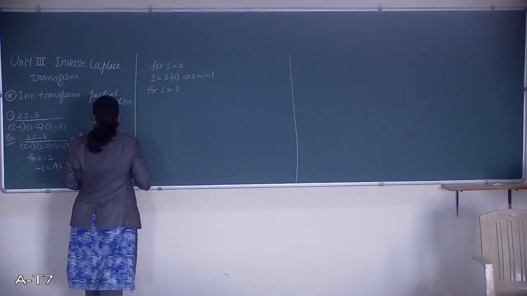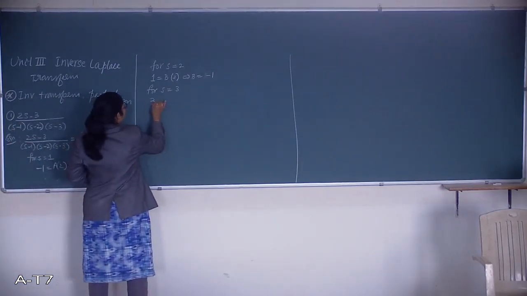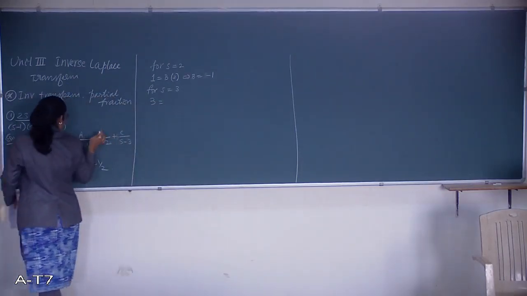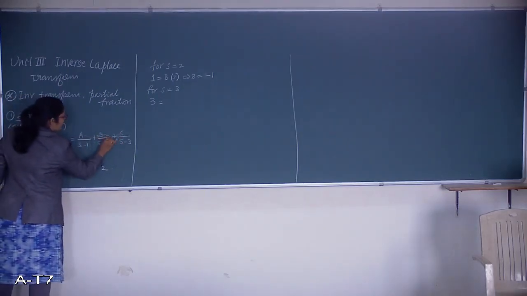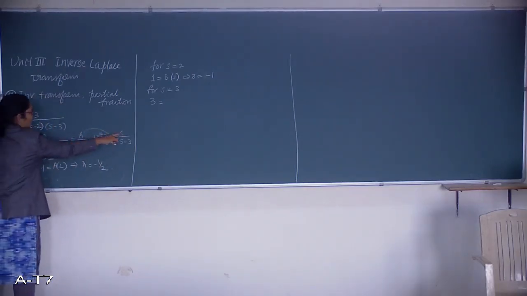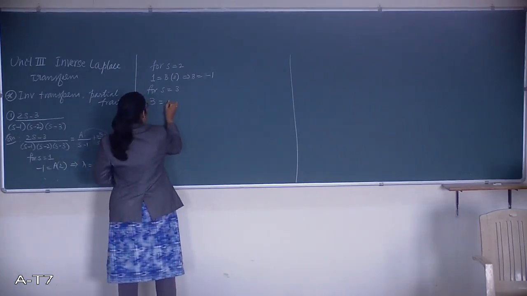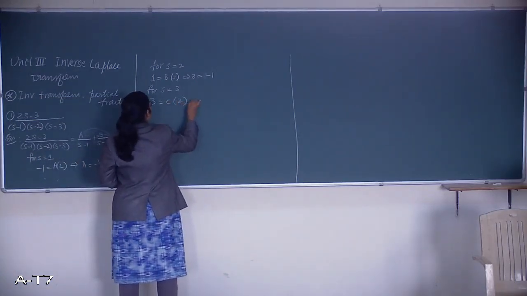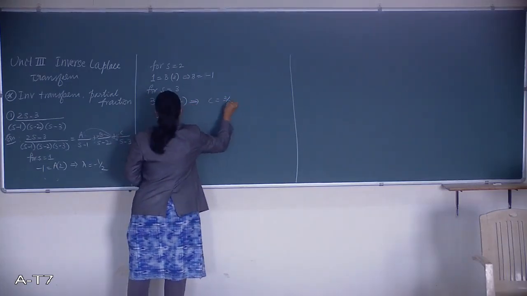Now s equal to 3. 2 times 3 is 6, minus 3 is 3. The other terms become 0 and only C remains, which gives C equal to 3 by 2.